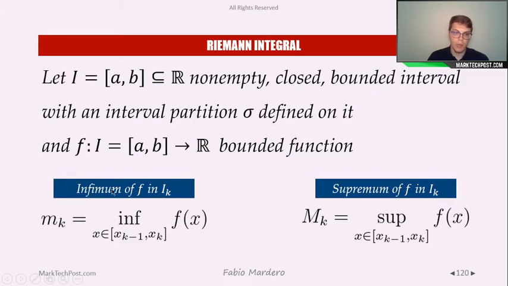And what are they? Well, this infimum is the infimum of f(x) with respect to considering the x staying in this element of the partition, this interval of the partition. The same for the supremum.